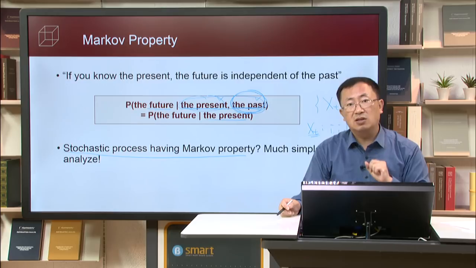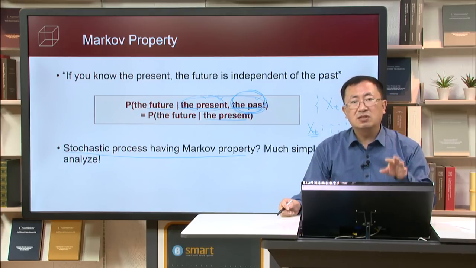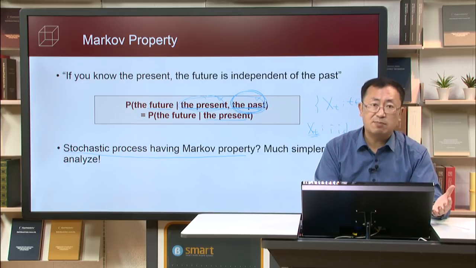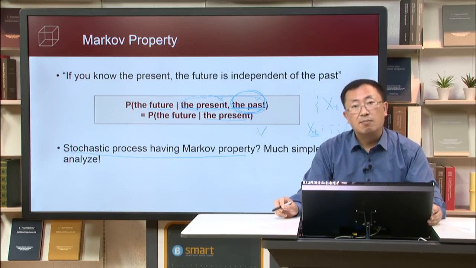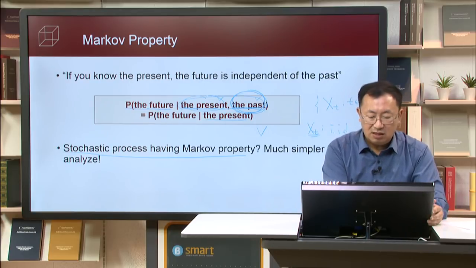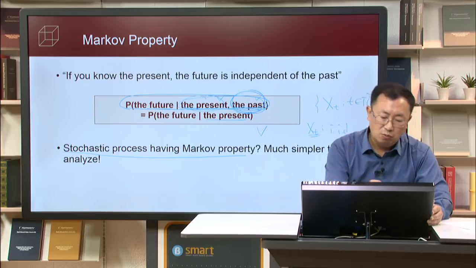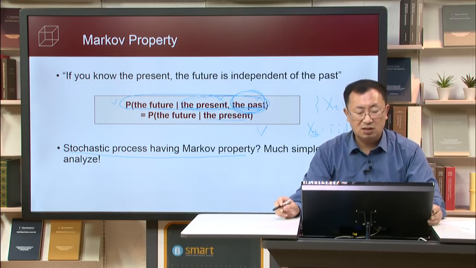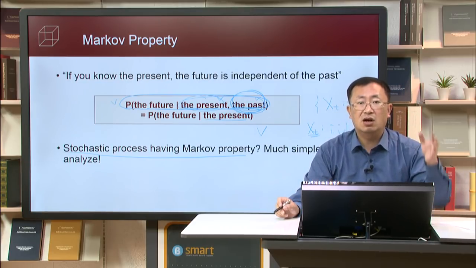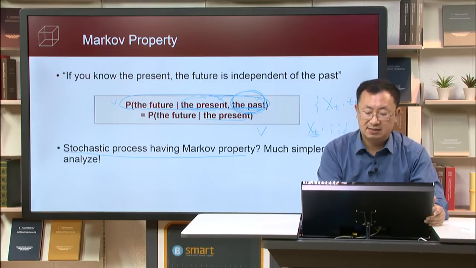If you think about the conditional probability, the simplest case must be the stochastic process having this Markov property. As already mentioned, by using the stochastic process, we may be interested in forecasting, the prediction of the future given the past.